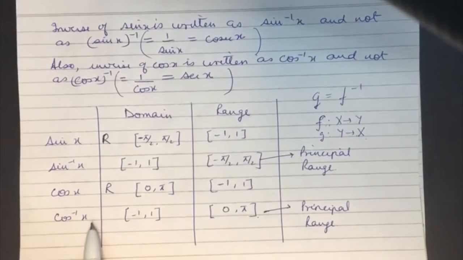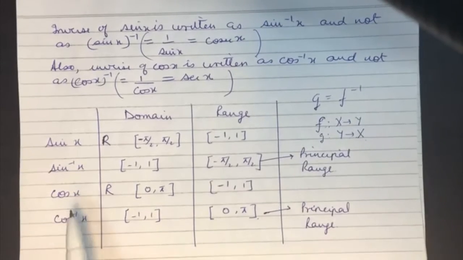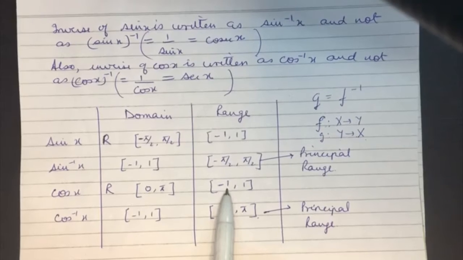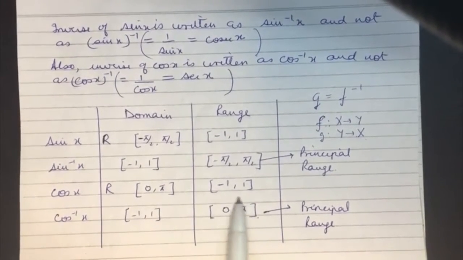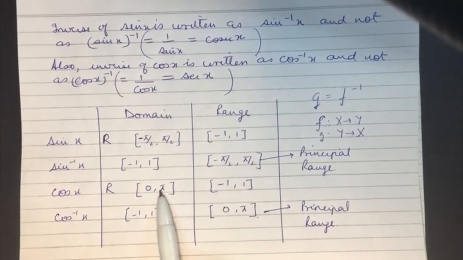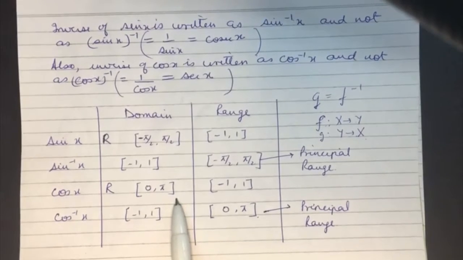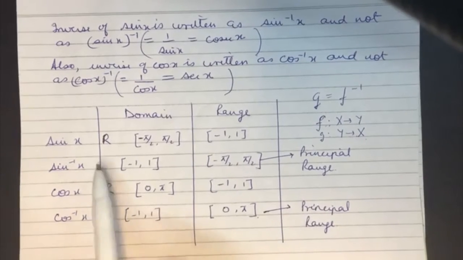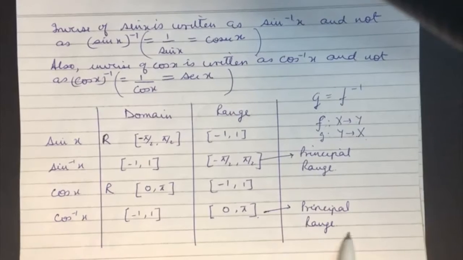Now, to see its domain and range, the same thing follows: the domain of cos inverse would be the same as the range of cos, which is minus 1 to 1, and the range of cos inverse would be the same as the restricted domain of cos, which is 0 to pi. Again, just like sine inverse x, the range of cos inverse x is also called the principal range.